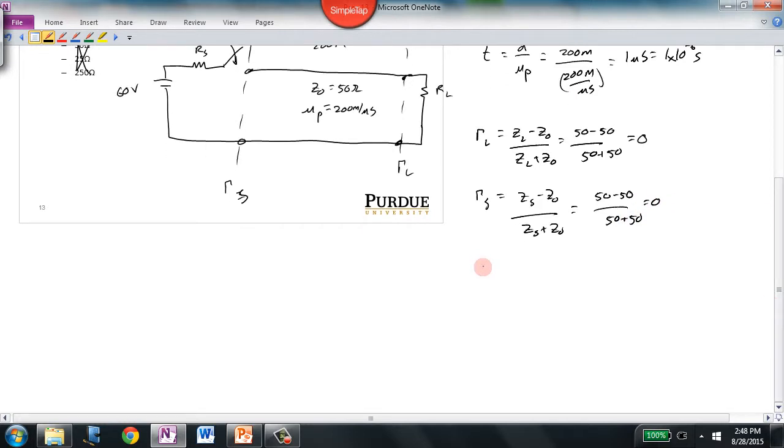If we were to plot on the bounce diagram what's happening here, we have our horizontal axis, which represents distance in meters, and our vertical axis, which represents time in seconds. This input end is 0 seconds and 0 meters. This is 200 meters. And we know it takes increments of 1 microsecond for waves to propagate.